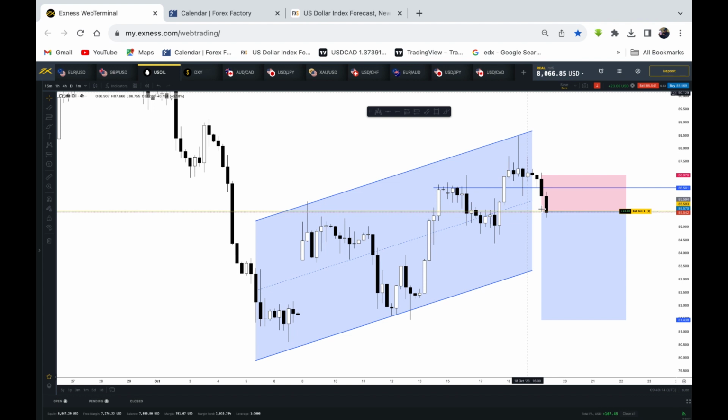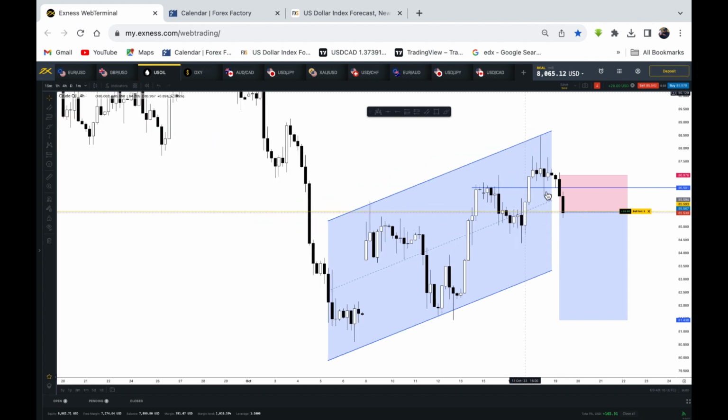So this is what I'm looking at on US oil as well. We can see that the market strongly pushed to the downside, breaking below this particular point, of which this is a breakout, so we expect the market to come back for a retest.